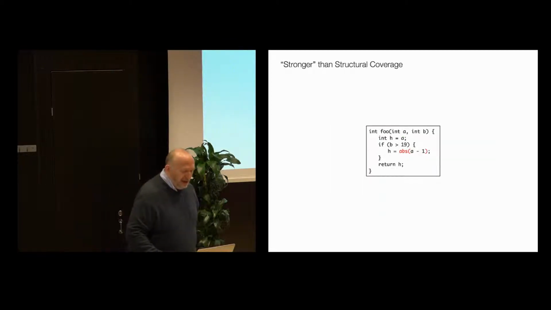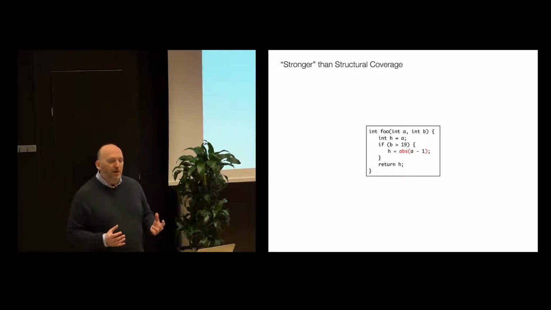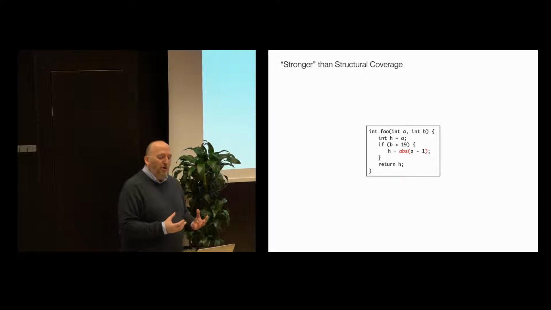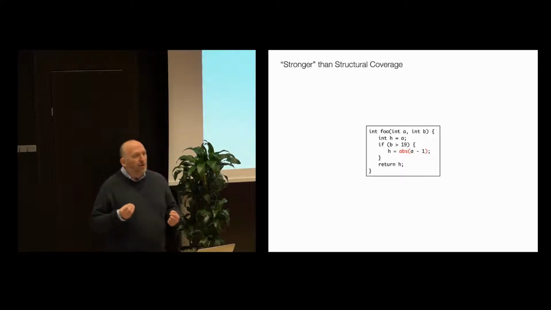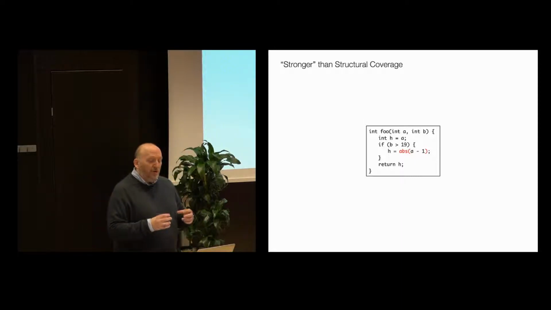So one of the reasons it's particularly effective is an argument that it's stronger than structural coverage. If you're familiar with, for example, branch coverage or line coverage, well, for a mutant to be killed, i.e. we give it inputs and then we run it and it gives a different output from what we expect, a number of things have got to happen. First of all, we've got to reach the point at which the mutant is.